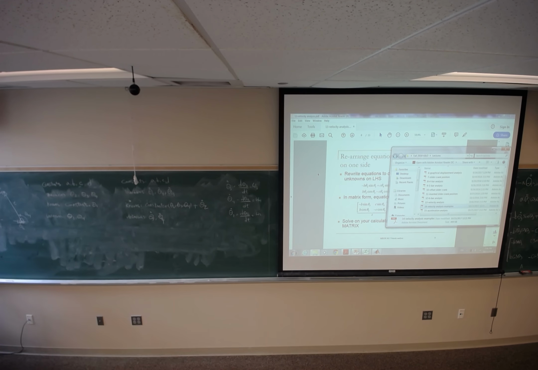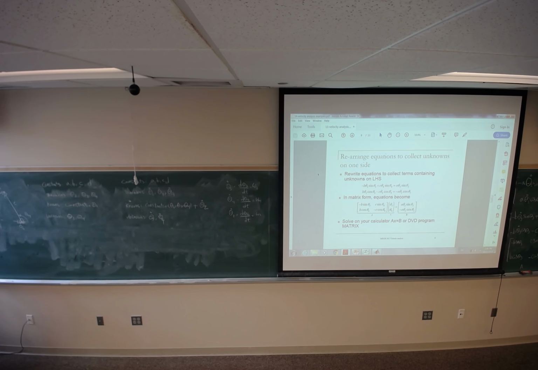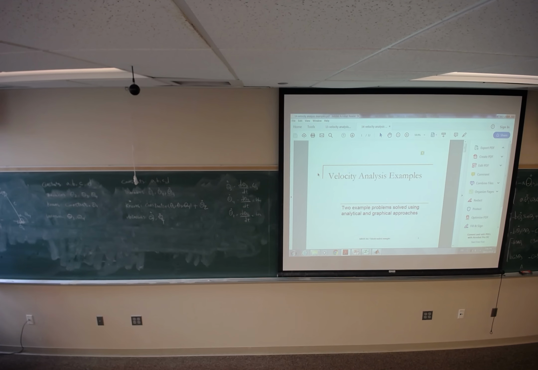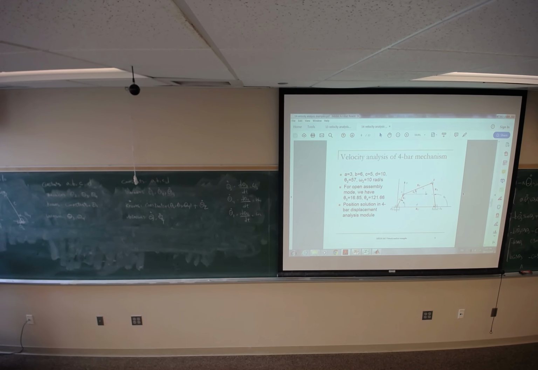For a mechanism with a length of 3 for A, 6 for B, 5 for C, and 10 for D, the input link has an angular speed of 10 radians per second.